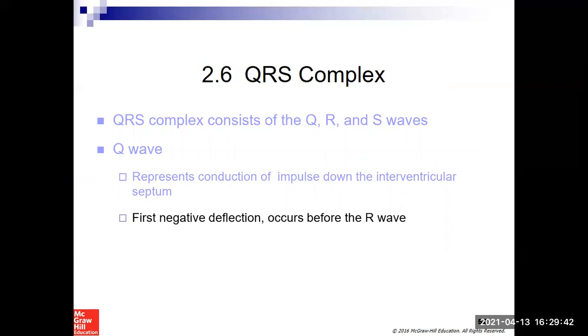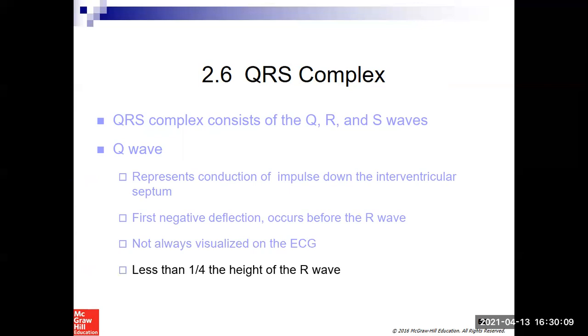So you have a Q. That is your first negative deflection, which is your Q wave. And then it shoots up to the tallest peak, which is your R wave. It's not always visualized on the ECG, so you may not always see it.